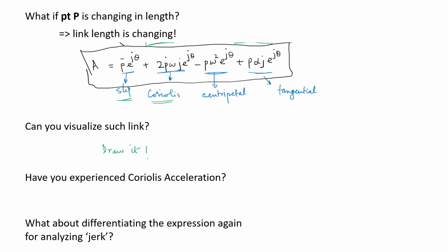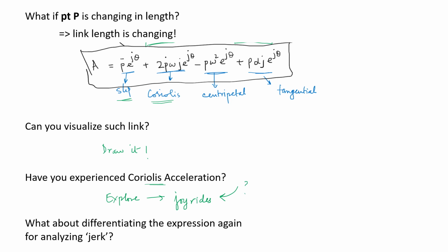Another question can be: have you experienced Coriolis acceleration yourself? And I'm very much sure that you must have. So can you explore that? A possible way of exploring it is to explore joyrides. The movement in joyrides is going to potentially have Coriolis factors added to it.